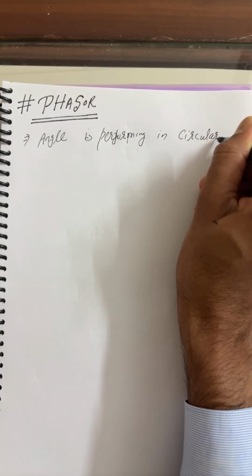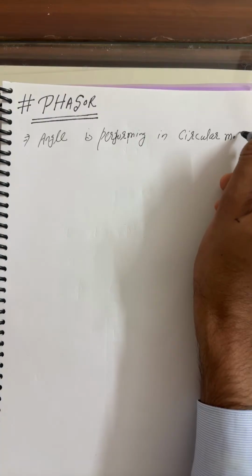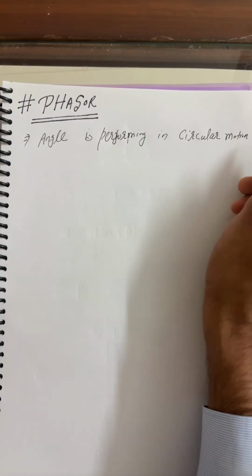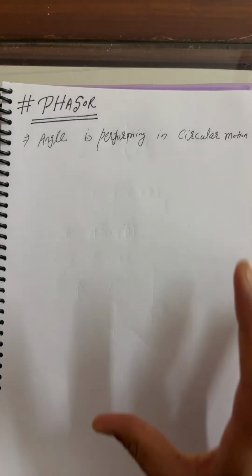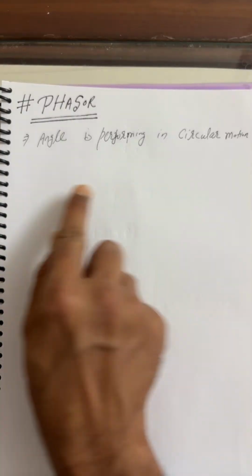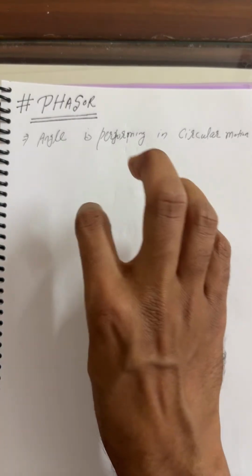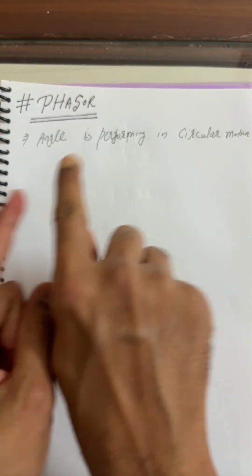Linear motion, we can say SHM. And in phasor, the same linear motion we are going to convert into circular motion. This is the first definition I said.